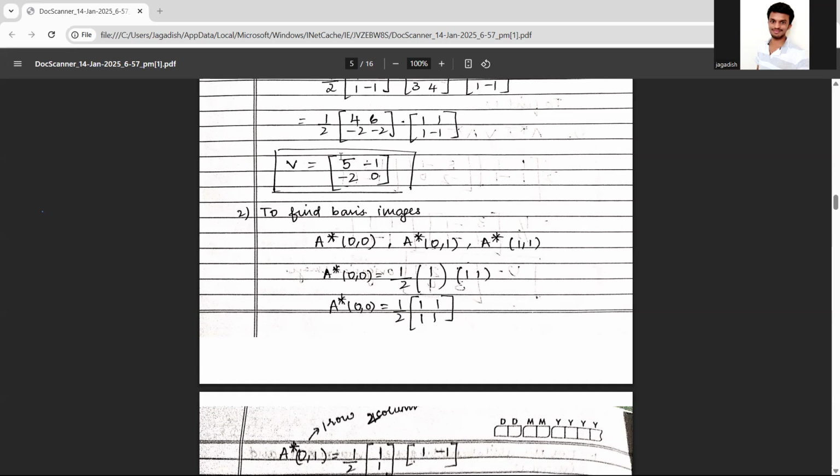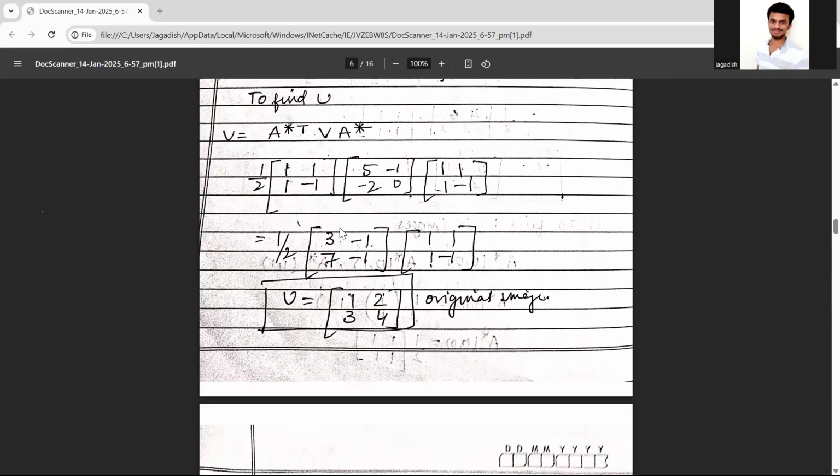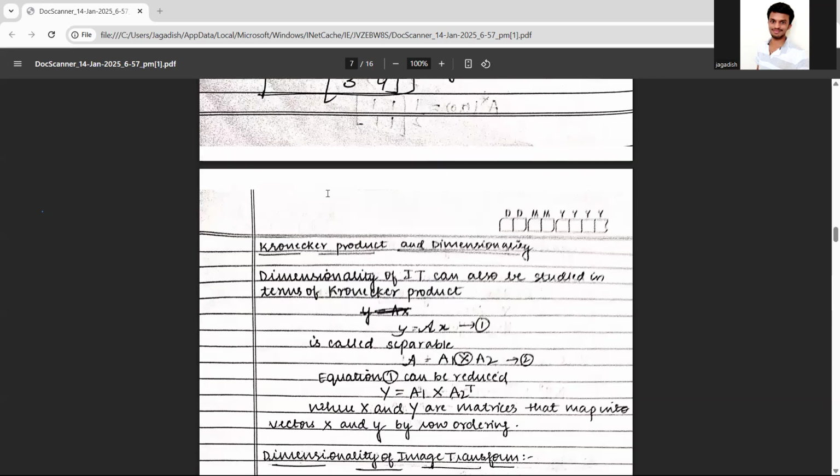Half into 1 into 1 and 1 into 1. Similarly, you are finding 0 comma 1, which means you have to write the first column and then the second row, second one in the row format. Understood? In other things, it's just the normal multiplication.